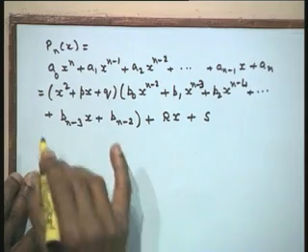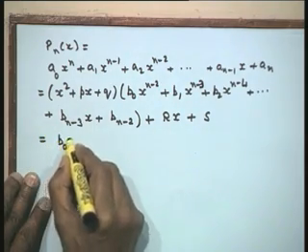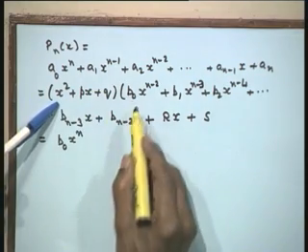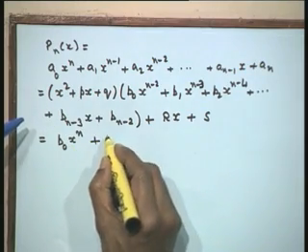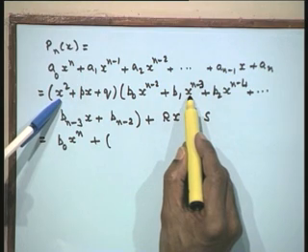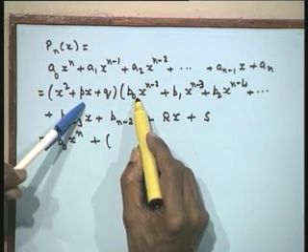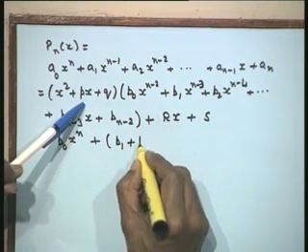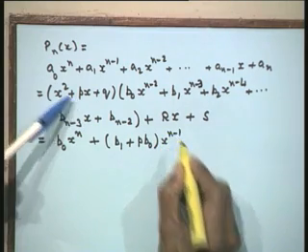Now let us multiply the right hand side and collect the coefficients. So I will have here b naught x to the power of n, the product of x squared into this is b naught x to the power of n. Plus let us take x to the power of n minus 1, x squared into this product will give you x to the power of n minus 1. So I will have a b 1, and then the product of these two will give you x to the power of n minus 1. So I will have here b 1 plus p into b naught, that is the coefficient of x to the power of n minus 1.